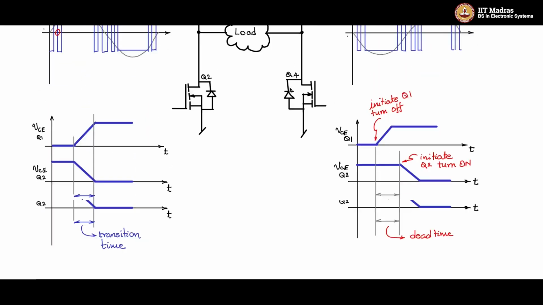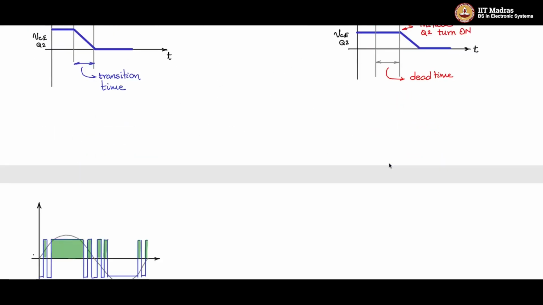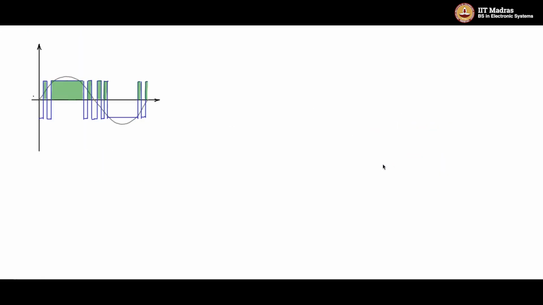But you see that you already had an op amp generating the PWM. In the last stage, the triangle and the modulating signal were compared, and the output of that is a comparator which gives you the PWM output. So we could start from that stage. Let me bring that in. Let me copy paste it.